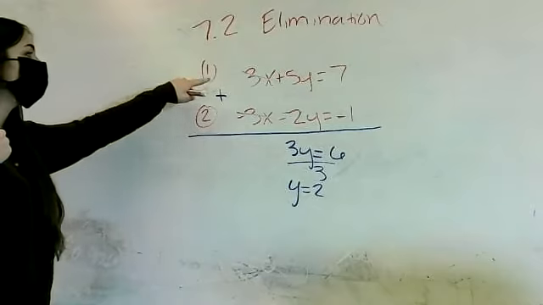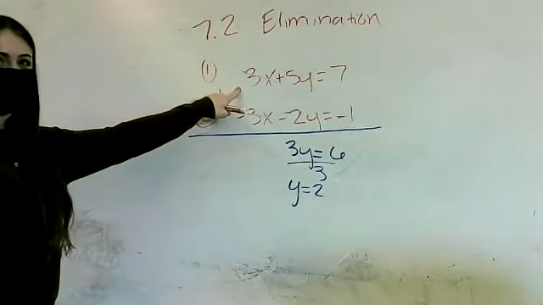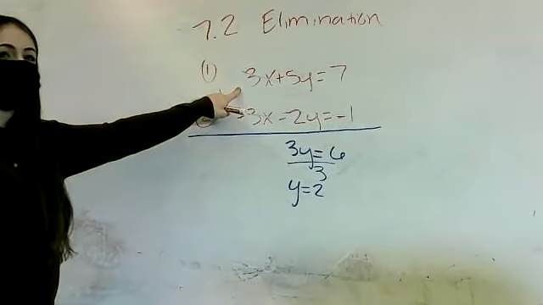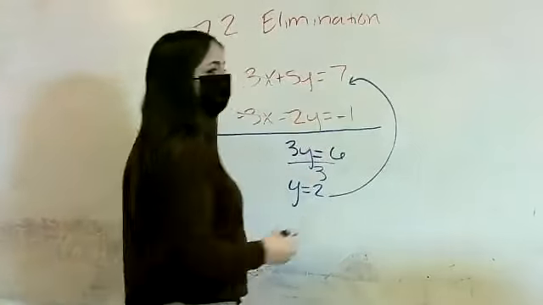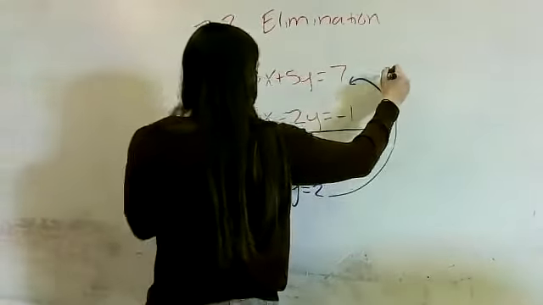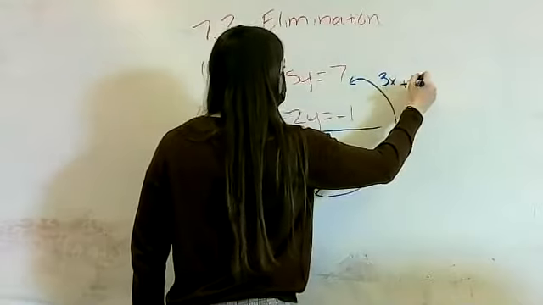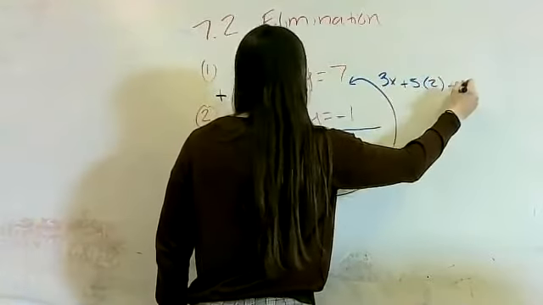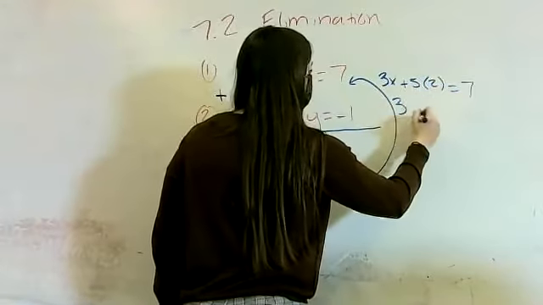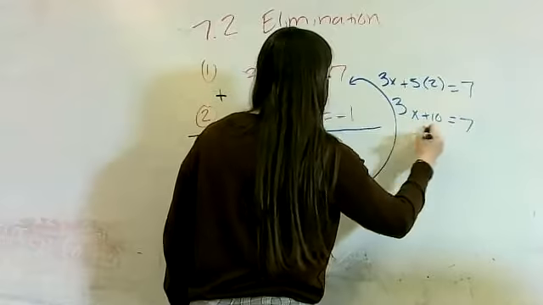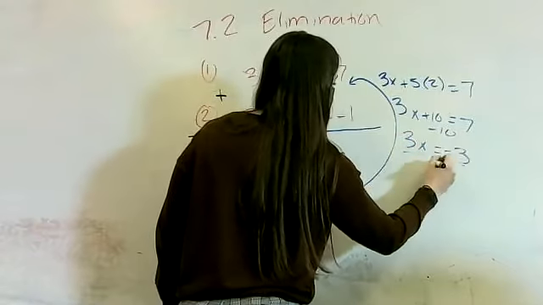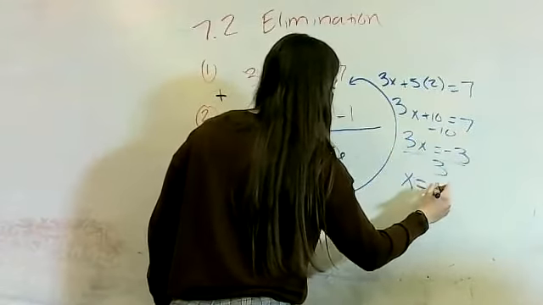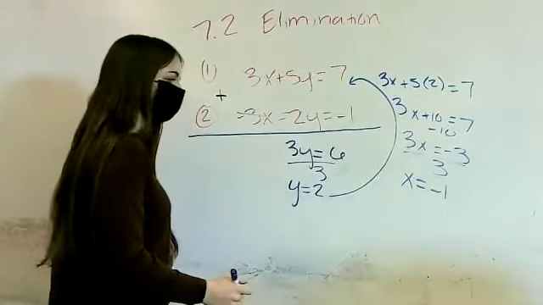I'm going to plug it back into 1 because this one doesn't have any negatives. We prefer positives. So I take it back up into this first one and do 3x plus 5 times 2 equals 7. 3x plus 10 equals 7. Subtract 10. 3x equals -3. Good, to give me x equals -1.